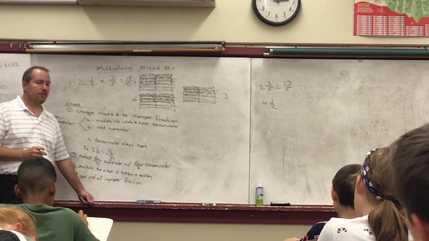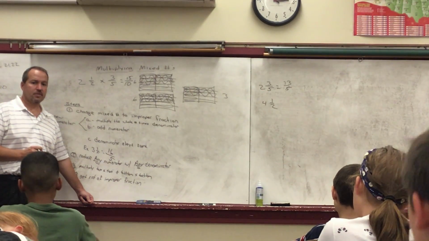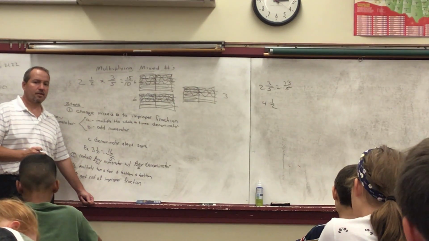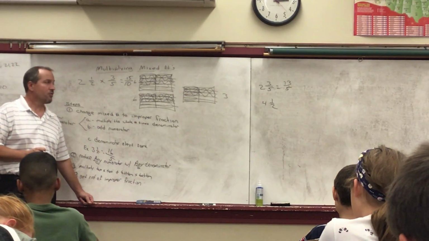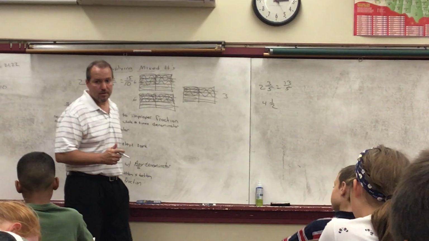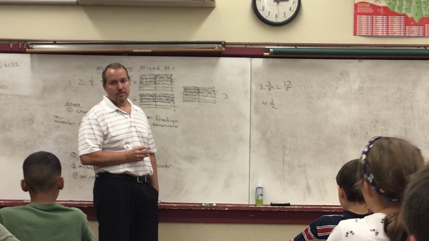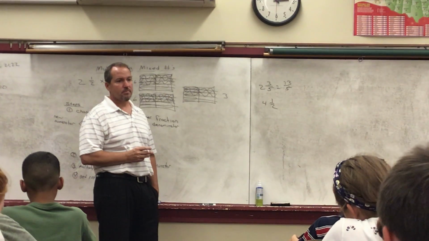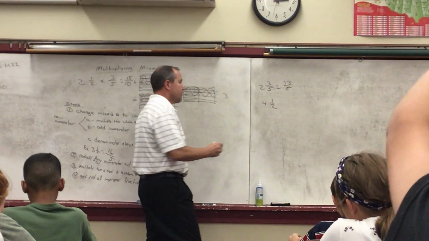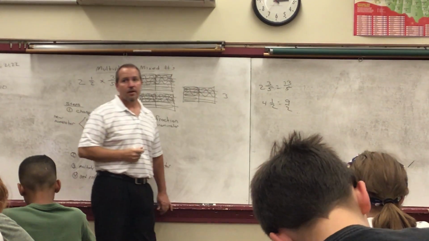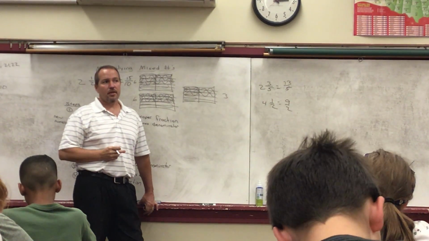Okay, Brian, so how do we do it? 4 times 2 is 8, and then 9. So what would our improper fraction be? Aiden. 9 over 2. Okay. Questions about that?